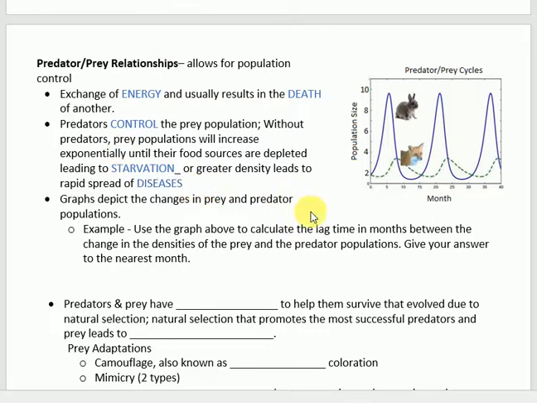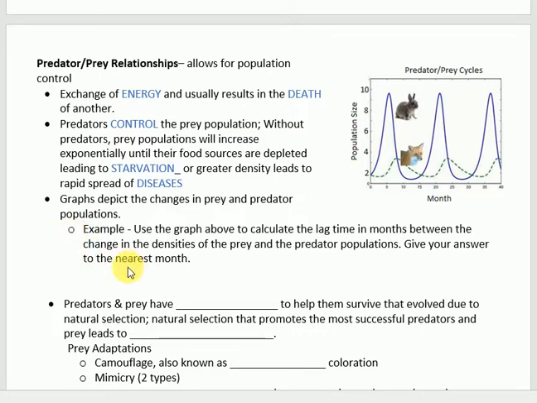Here on the right, this is another example of something that you need to be familiar with. You don't have to memorize it, obviously, but you need to be able to read a graph and see the changes in the populations between a predator and a prey. So here is an example of a question that was on an exam.